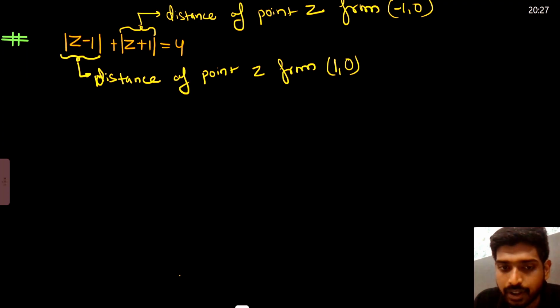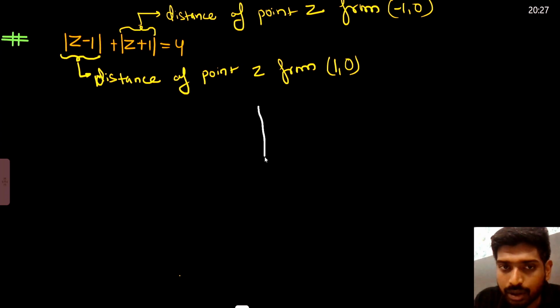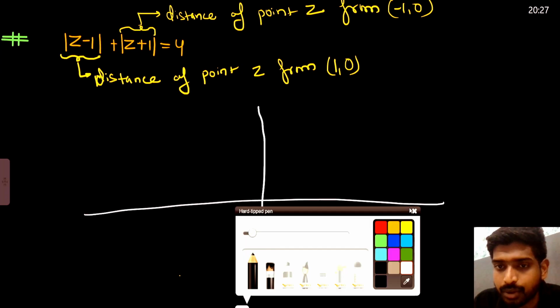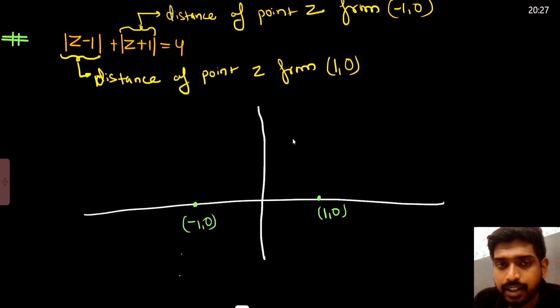So if I draw this, and z is a variable point, right? If I draw the axes, here I am having this point 1 comma 0, and here I'm having the point minus 1 comma 0. Got it? And there is some point z.